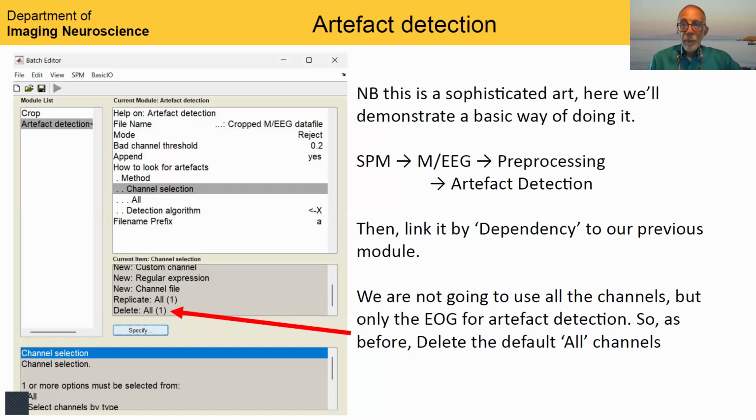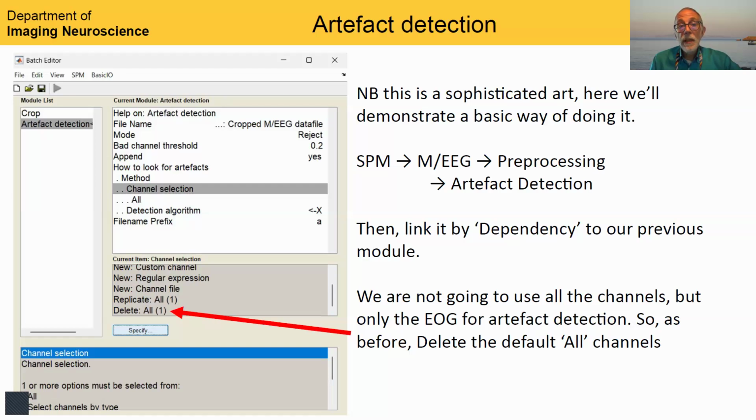Go to SPM, MEG, preprocessing, and you will see an option called artifact detection. Link it by dependency to our previous module, as we have done now a number of times, to the cropped MEG data file. Now, we are only going to use a small number of channels to tell whether there's an artifact or not. Specifically, we're going to look at the EOG channels.